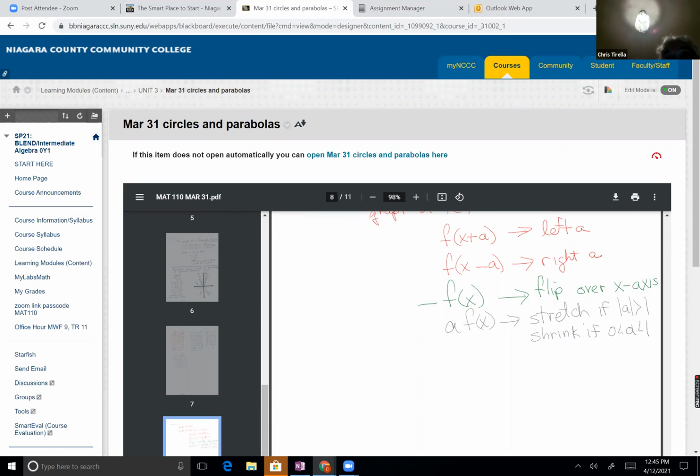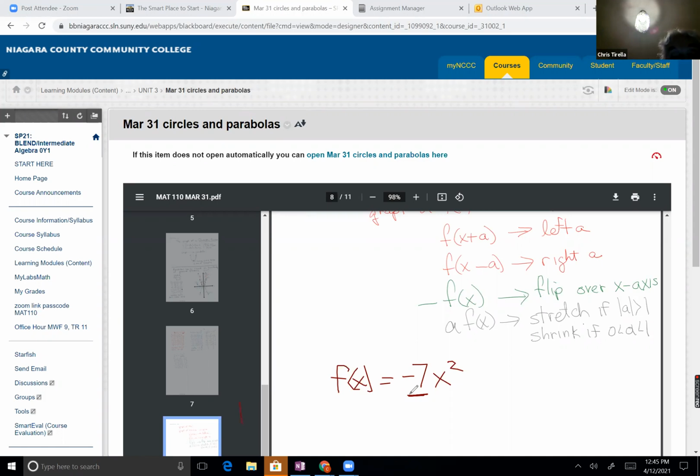So where that question had f of x equals negative 7x squared, that number in front, a, is negative 7, which means it's upside down and being stretched. So instead of going through the point 1, 1, it would go through the point 1, negative 7. It multiplies each of those y values by negative 7.